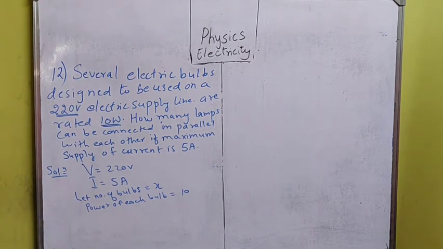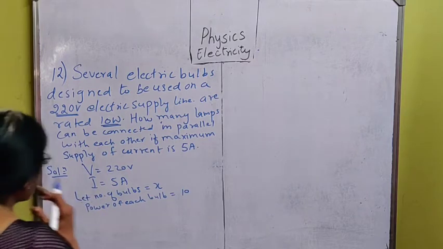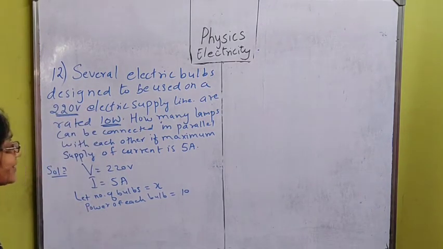Now what you have to do? These are connected in parallel. So first let us find out the resistance of each bulb. Resistance, voltage and current are related to each other.